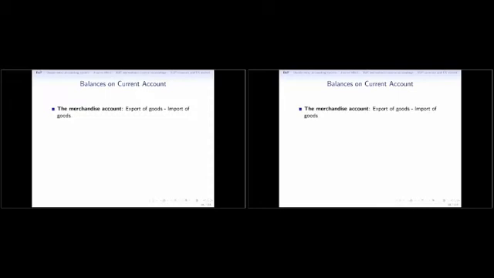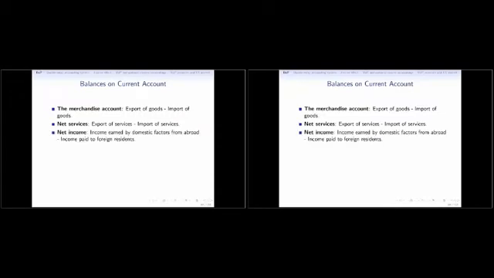For instance, you can compute what is called the merchandise account. The difference between export of goods and import of goods. Okay? So export of goods minus import of goods. It is defined as the merchandise account. Net services, in a similar way: export of services minus import of services.